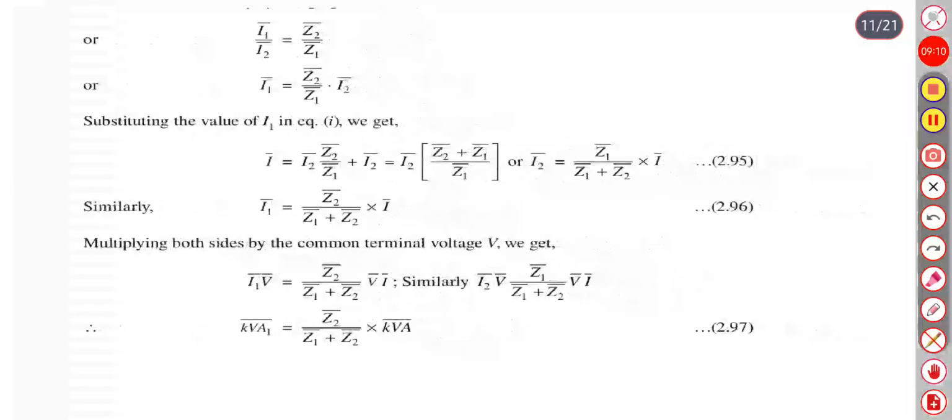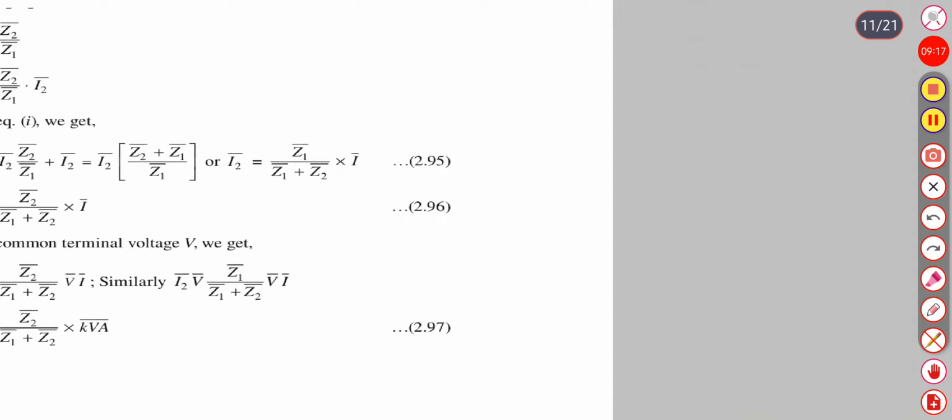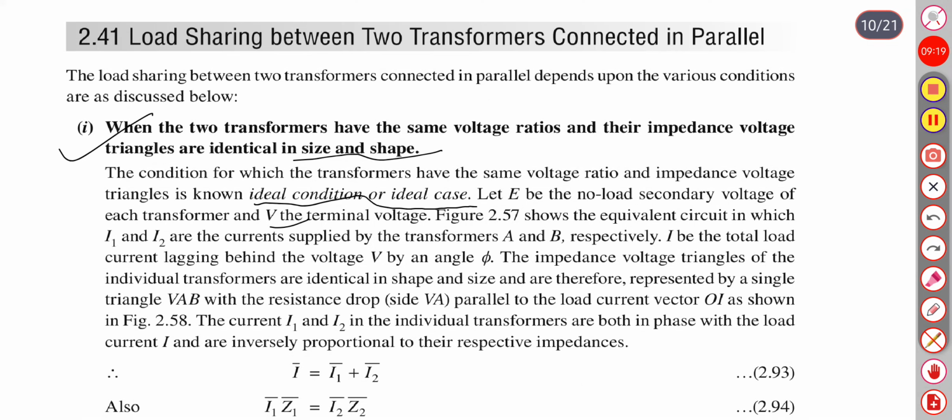as shown in this figure. The equivalent circuit in which I1 and I2 are the currents supplied by transformer A and B respectively, and I is the total load current lagging behind the voltage V by an angle phi.